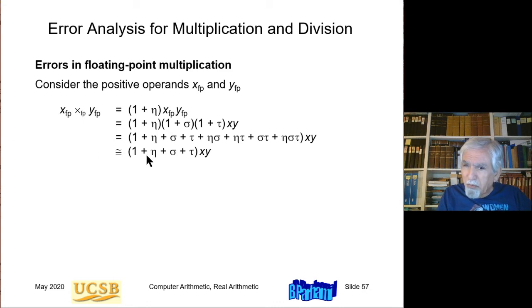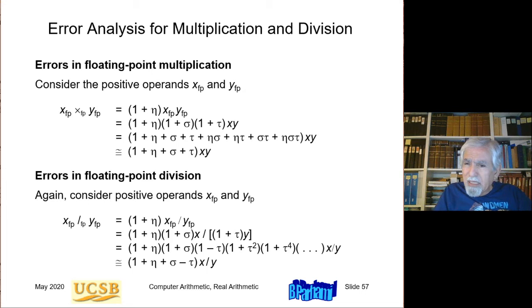So let's say they're all positive, and all roughly the same. We have 3 times as much error. If all 3 terms are about the same, when we multiply 2 numbers, we have 3 times as much error in the product than we had in the original operands.